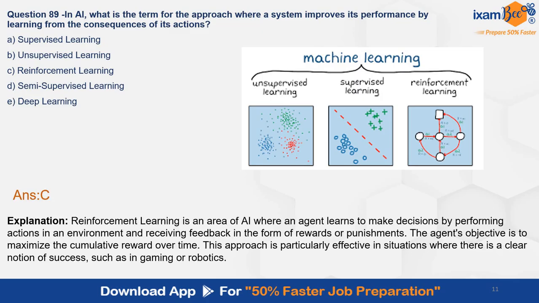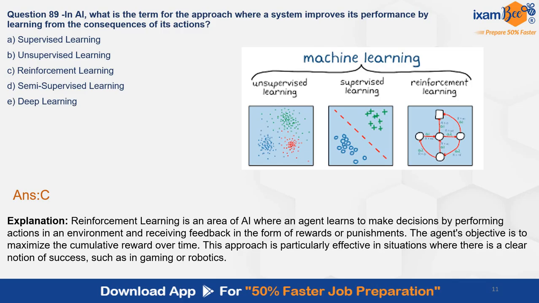Reinforcement learning. As we have seen previously also, this is completely like an agent, and the entire actions are performed by the agent only. This agent receives rewards or penalties, and it learns through the rewards and penalties.